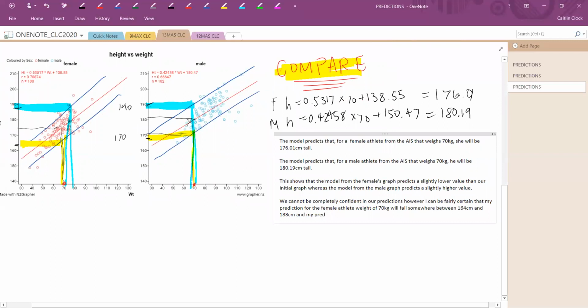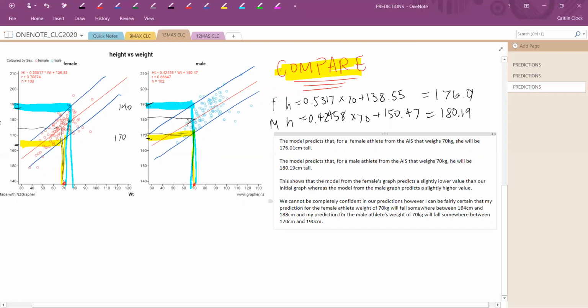And my prediction for the male athlete weight of 70 kg will fall somewhere between 170 centimeters and 190 centimeters.